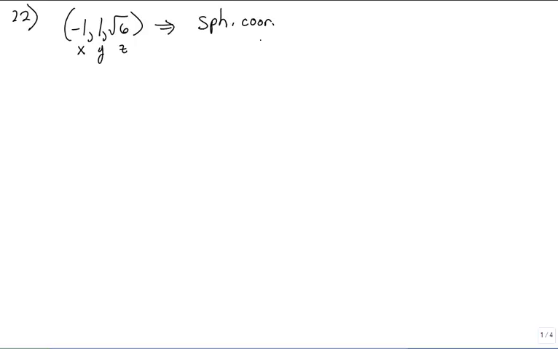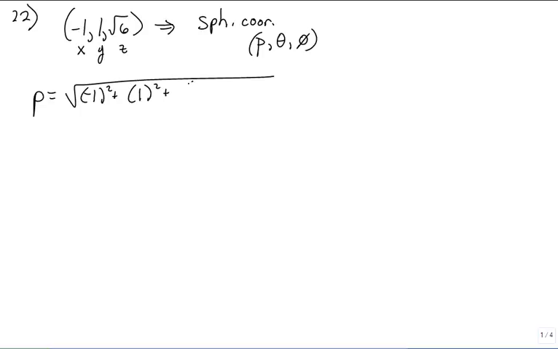So that's x, y, z. I want rho, theta, phi. First off, I know rho is the square root of x squared plus y squared plus z squared. Okay, so that's going to give us the square root of 8, which is 2 square root of 2.